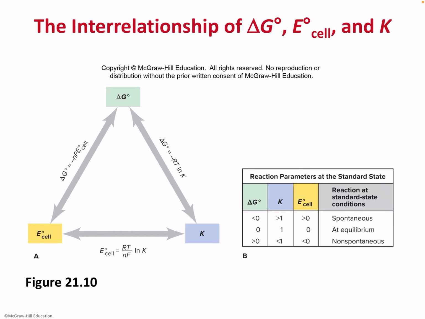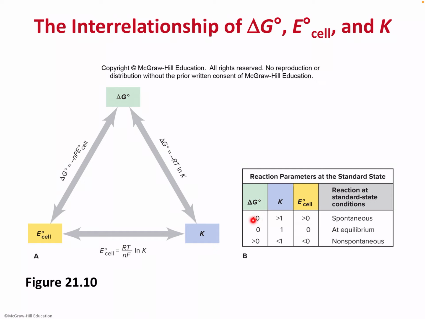The relationship of delta G naught, E naught cell and K. Delta G naught and K can be connected using delta G naught equals minus RT ln K. And delta G naught and E naught cell can be connected using delta G naught equals negative nFE naught cell. And E naught cell and K can be connected using E naught cell equals RT over nF ln K.